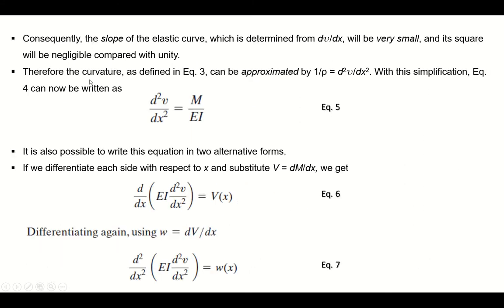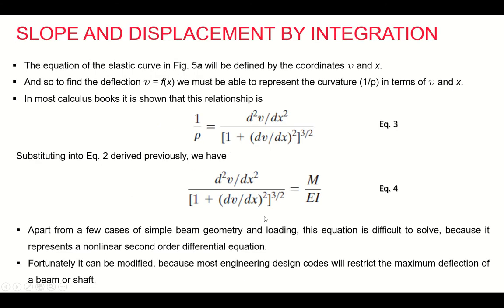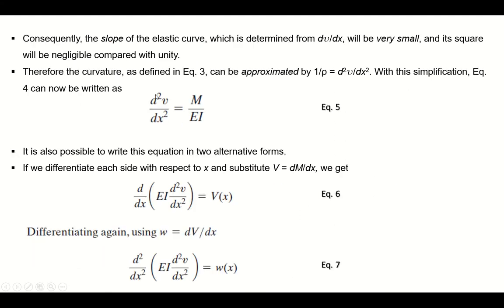Therefore its square is negligible compared with unity. So we ignore this, and the whole denominator is ignored in our case. We are now left with d square mu by dx square equal to M by EI. This is our equation 5.